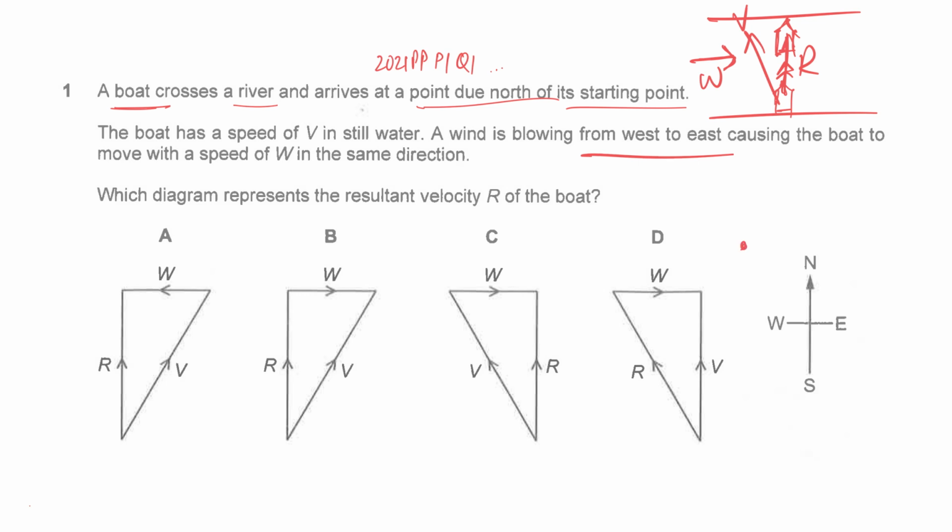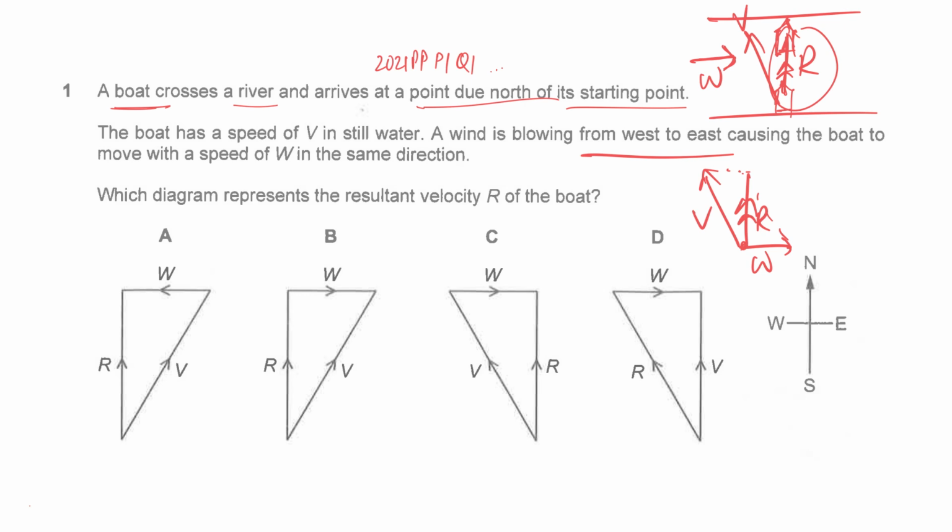If this is the boat, we know that V will be this way and the wind will be to the right, blowing from the west to east. One thing to know is the resultant is vertically up, due north. So if you complete the parallelogram, the resultant will be here.